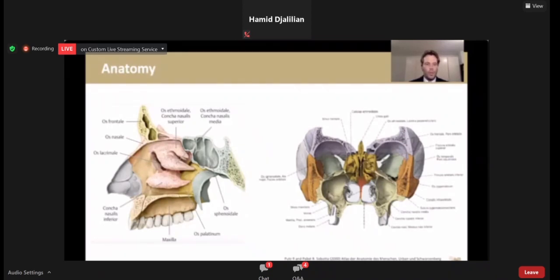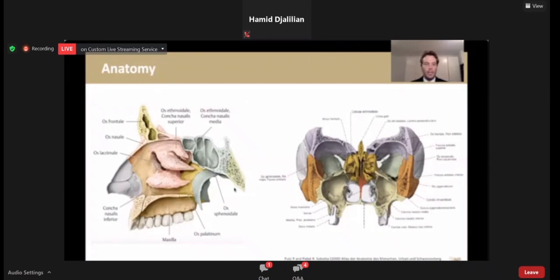You all know that we have 3 turbinates on each side of the nose, whereas the inferior turbinate is the turbinate which gives the resistance in the nose for the airstream. This is due to the fact that 70 to 80% of the inhaled air is streaming around the inferior turbinate.